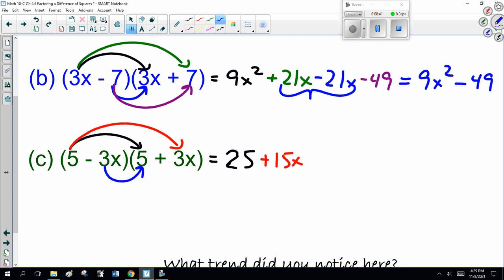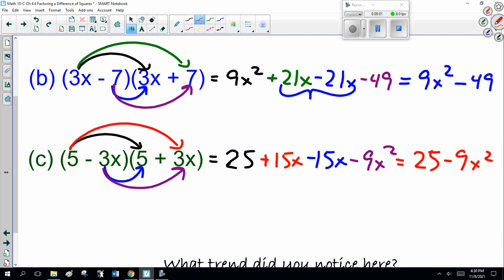Minus 3x times 5 is minus 15x. Minus 3x times plus 3x is minus 9x squared. Okay, so this simplifies to 25 minus 9x squared.